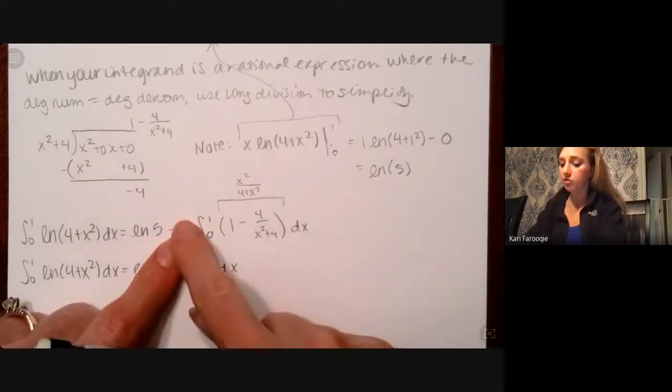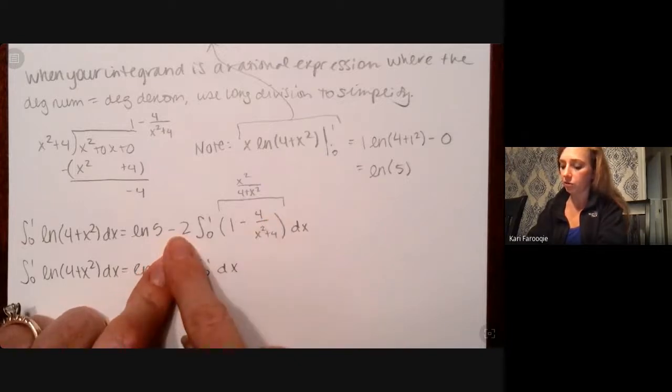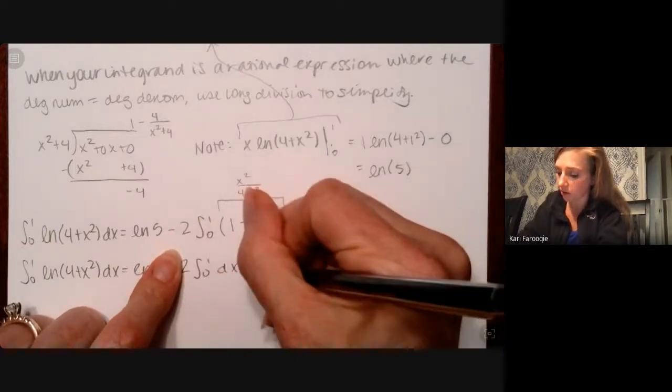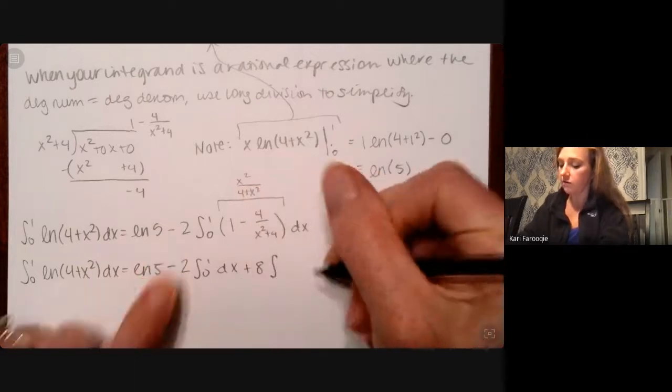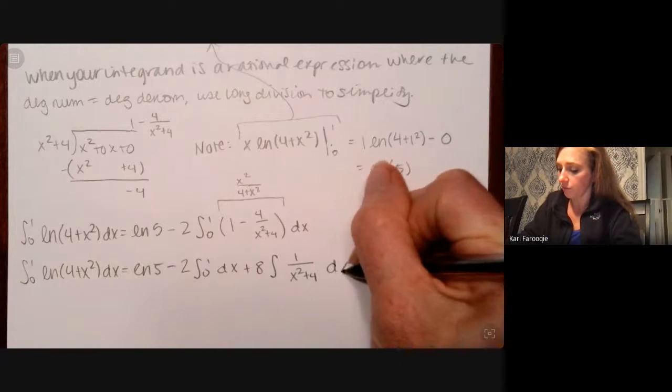And then I'm going to distribute this -2 into my parentheses. So -2 times -4 is +8. And then I have the integral of 1 over x squared plus 4 dx.